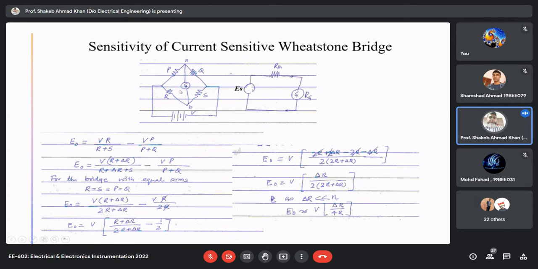Whatever is the initial value of the sensor, we pick the other resistances of the bridge so that the bridge is balanced. So obviously the current through the galvanometer will be zero, and then if there is any change delta R in this resistance, the bridge will become unbalanced, and accordingly some current will flow, and by measuring the amount of current you can measure the resistance. So this is what is done in the current sensitive bridge.